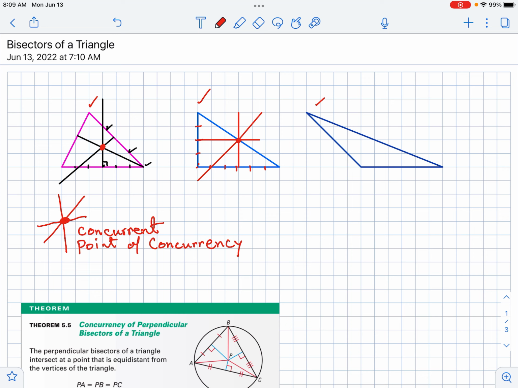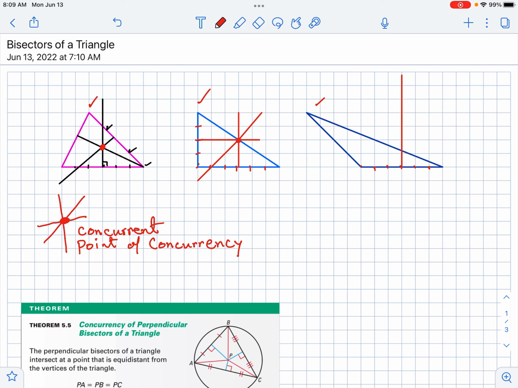Now, if we do the same thing for this obtuse one, let's see what we get. We've got 1, 2, 3, 4, 5, 6. So here we go, about 1, 2, 3. Okay, there it goes. And I probably need to extend that up a little bit. And then we do the same thing for this.